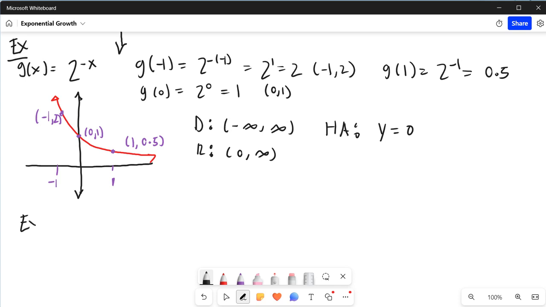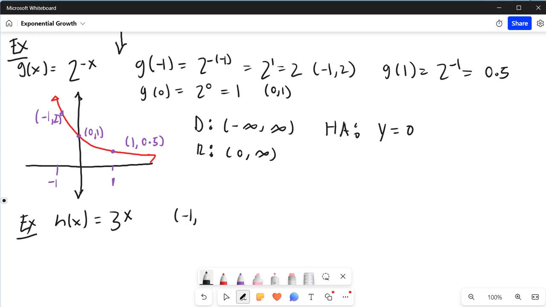So, if we have a function and we call it h of x equals 3 to the power x, the key is that nothing would change with respect to the domain and the range, but that you would still have that it passes through those key points as mentioned.